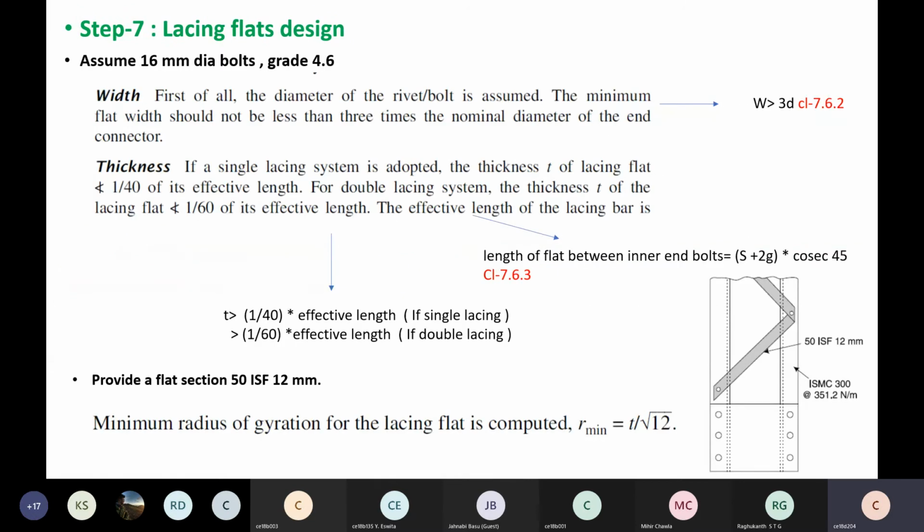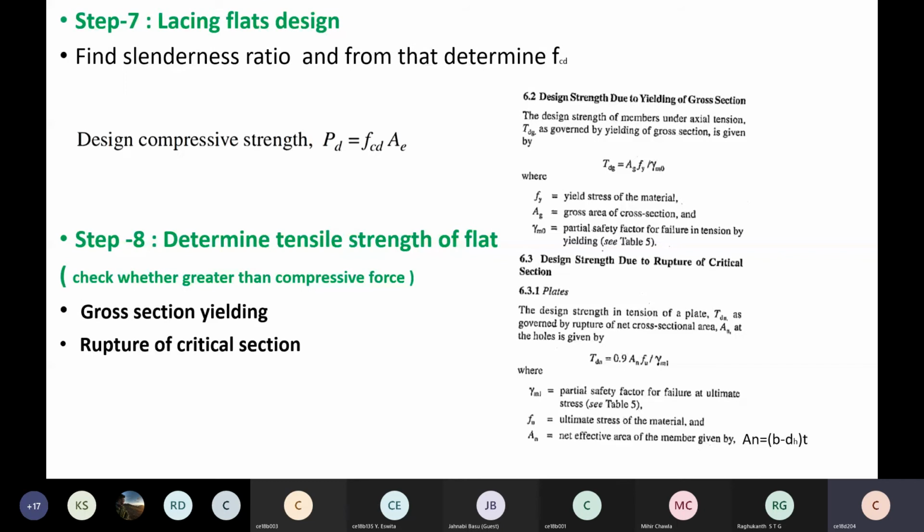Can anybody tell what is the length of the flat you got? Effective length of the flat using this formula, whatever the value you got. Somebody said 400, right? 400.86. Okay. So what is the value of slenderness ratio you got? 115.7. Yeah, that is right. So effective length divided by the r, 3.464, you will get 115.72.